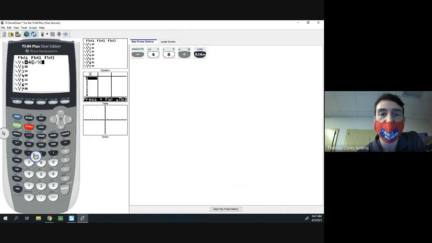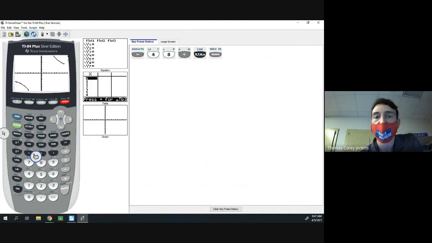You could look at the screen. Actually, let's look at the graph. You kind of see what looks like a two-part graph. It's actually a reflection of itself across that diagonal line, y equals negative x.